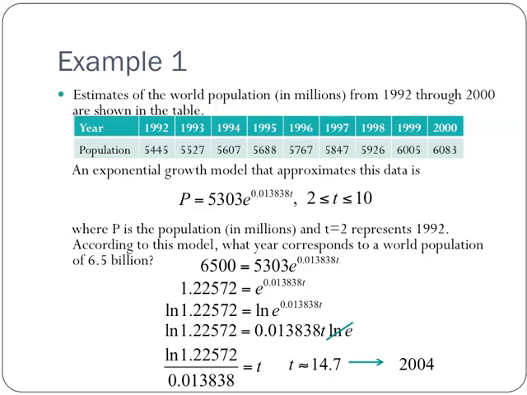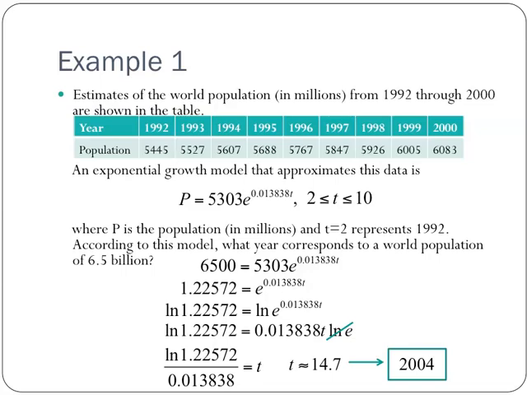But if we say it corresponds to the beginning of the year, where the population at the beginning of 1992 is 5,445 million, then here we're saying that in the year 2004, sometime during that year, about 0.7 of the way through, the population will hit 6,500 million or 6.5 billion.